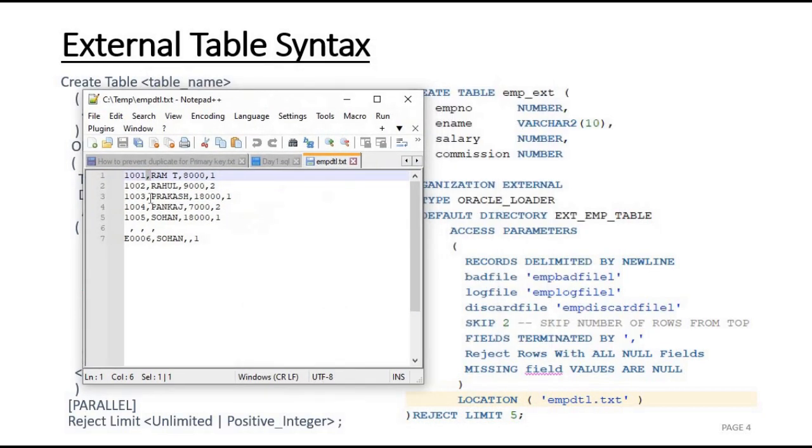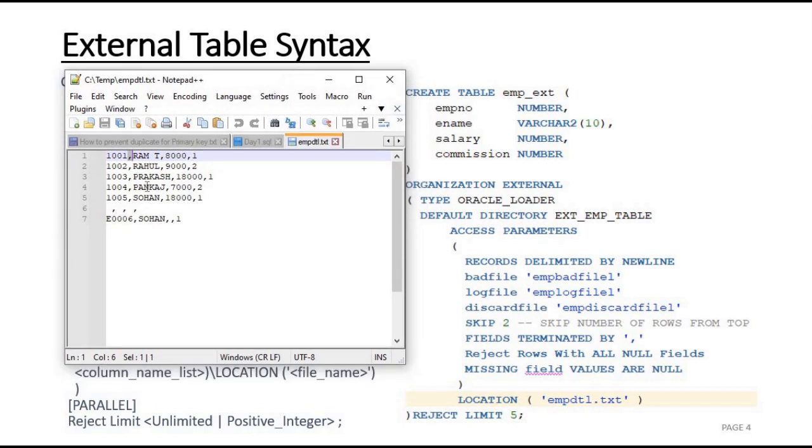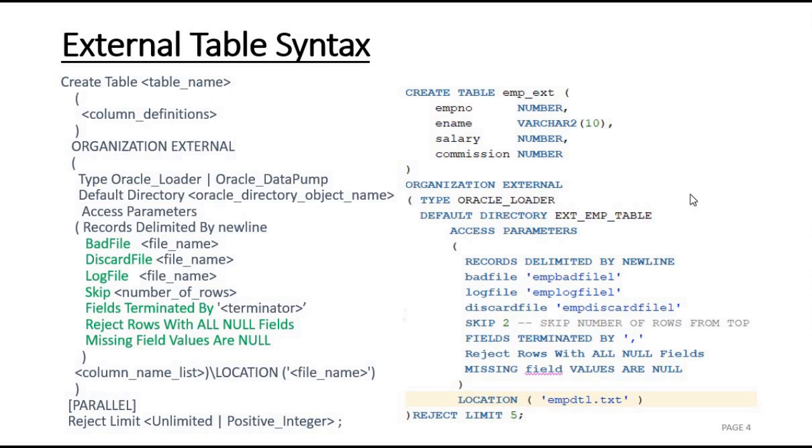Like here, 101 comma: 101 is our employee number, then the comma marks the next column, Ram is the employee name, and it continues. So by the comma it will understand that it's the next field.